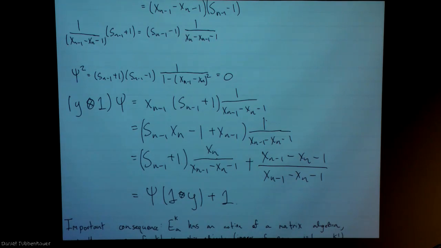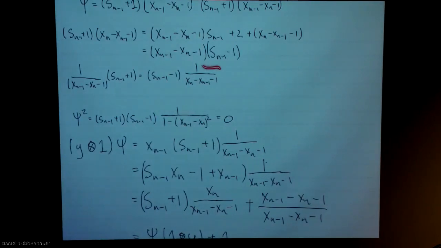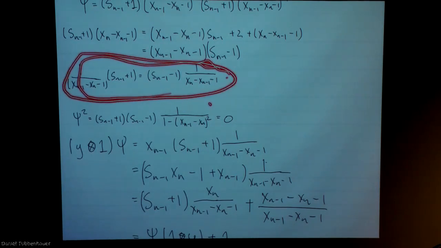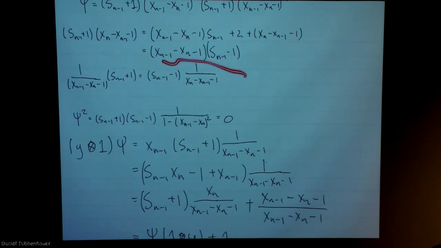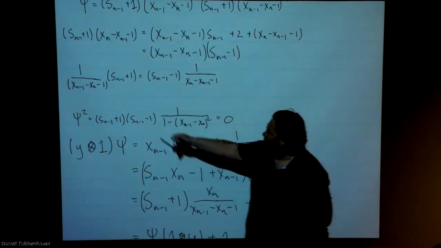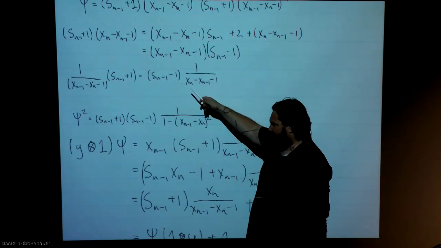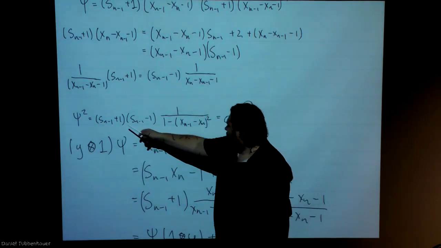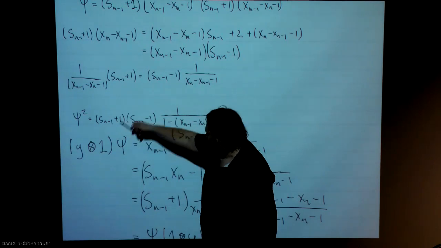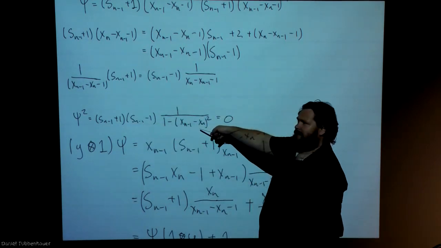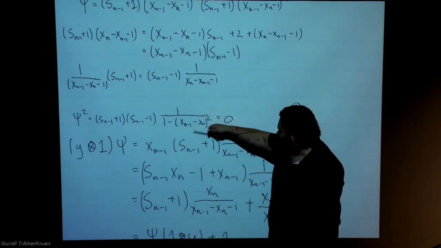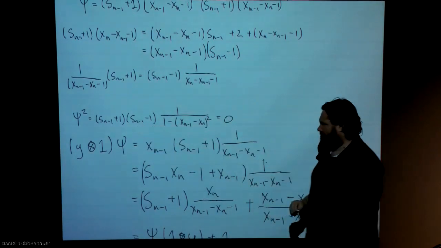So at the end of the day, the nice thing is you get a rule for how this particular fraction commutes past S_{n-1} in a nice way. The thing to note here is that I have S_{n+1} here and S_{n-1} here. So when I take this square, I can rewrite it as S_{n+1} times S_{n-1} times this rational function. It doesn't matter what this rational function is, this product is 0.